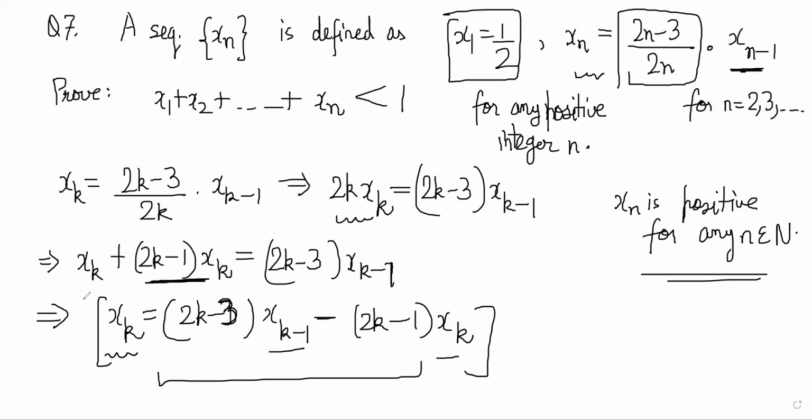So let's try to do this summation. We have to find summation of k goes from 1 to n xk, right? So we can say that that is equal to x1 plus summation of k goes from 2 to n xk, right? That's the same thing, but we are starting from 2 because our original relation was valid for n is equal to 2 onwards, right?